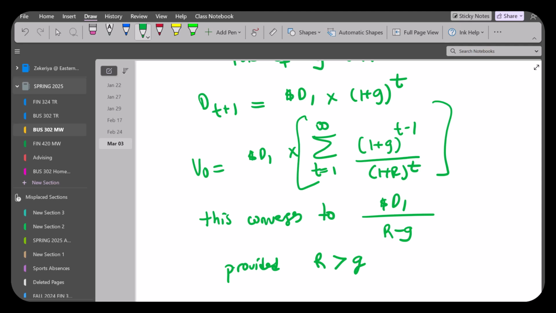So if I can say, okay, next year I'm going to get $10 dividends from this stock, but I know that this thing is going to grow at 3%, and my discount rate is, let's say, 8%, then the stock is going to be $200. Why?